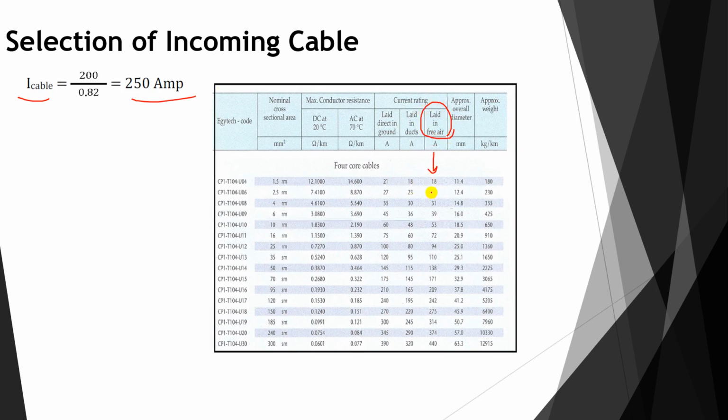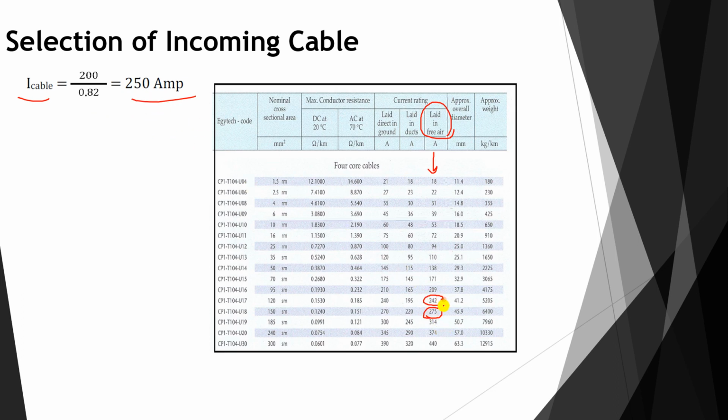So look at this column, and we need 250. So let's see, 250 is between 242 and 275. Which one is closer to this value? The 242 is closer to the 250 than 275.